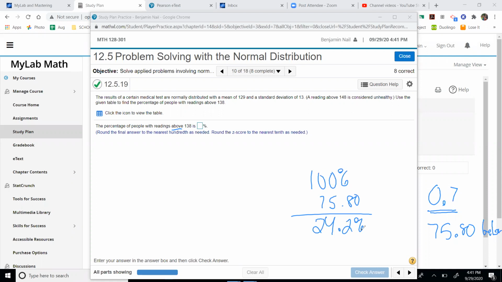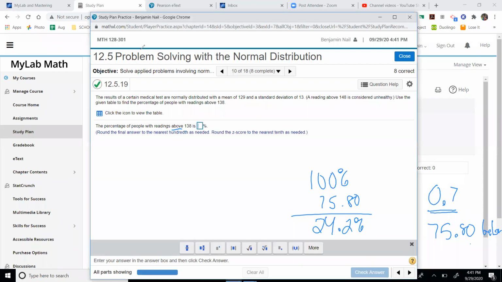So 75.8% scored below this number, and 24.2% scored above. So pay attention to whether it's asking for above or below. Remember, the first couple of problems wanted both. Then a couple of problems later it wanted between. The last one wanted below. This one's asking for above. So pay close attention. Don't get caught by making a silly mistake.